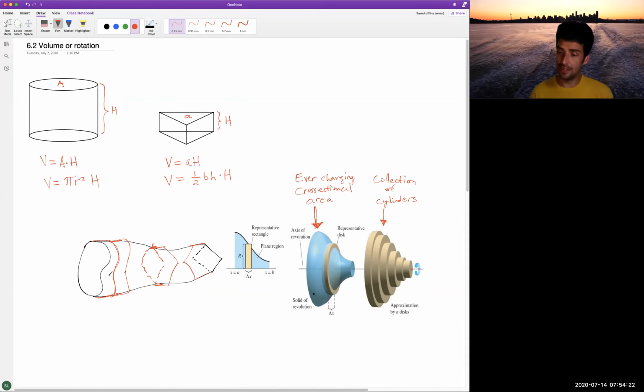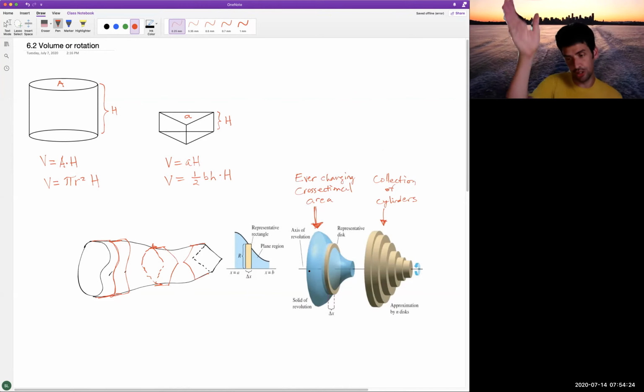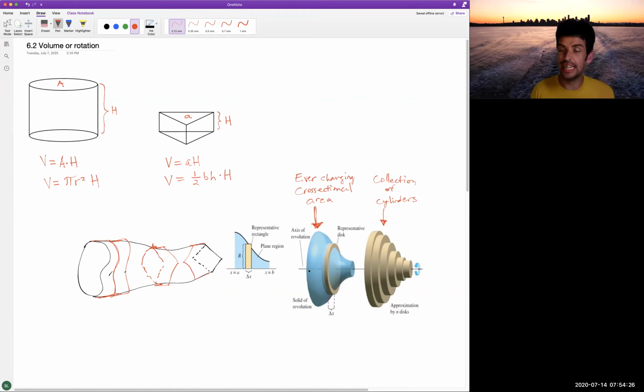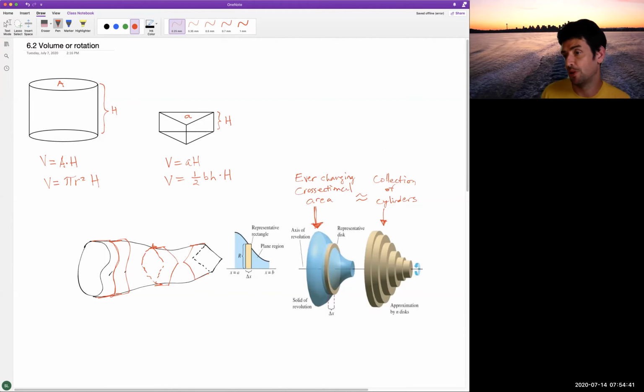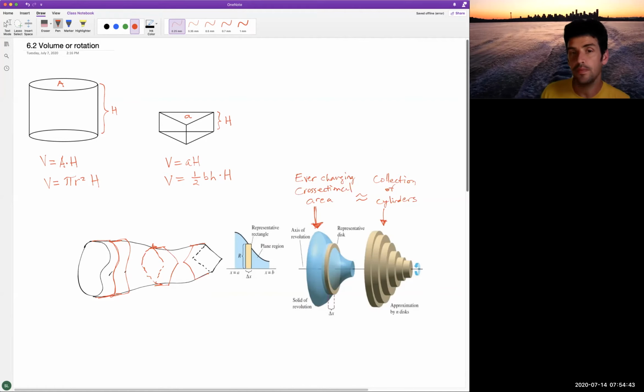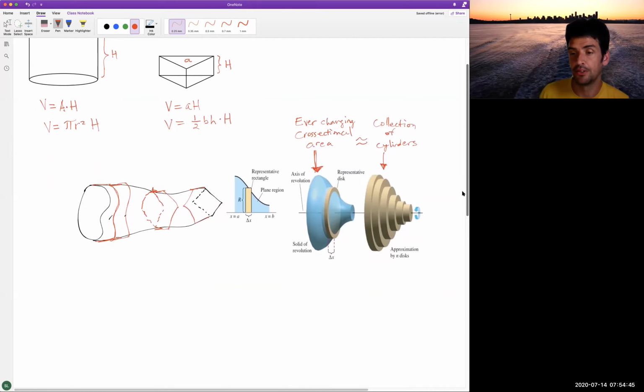Meaning, if I took a knife and sliced it vertically, at each place I slice it, there's a different area. And we're approximating it with this collection of cylinders, okay? So that's our approximate volume, and if we make those cylinders smaller and smaller, then we can get a better approximation.